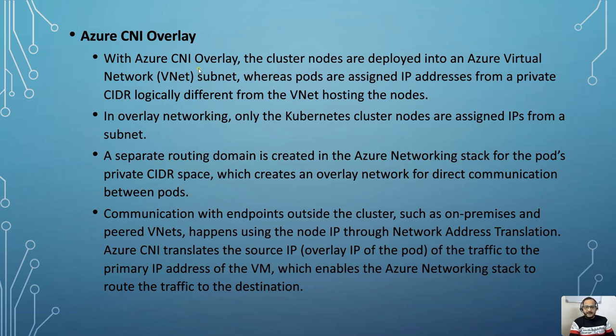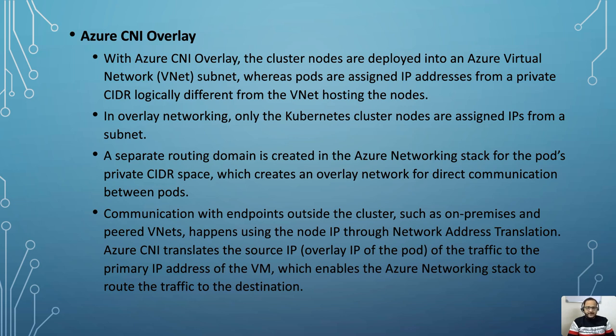With Azure CNI overlay, the cluster nodes are deployed into an Azure Virtual Network subnet, whereas pods are assigned IP addresses from a private CIDR logically different from the VNet hosting the nodes. In kubenet, nodes get IP addresses from the virtual network, but the pods get IP addresses separately from the subnet.